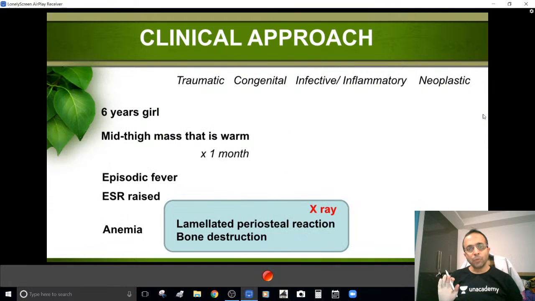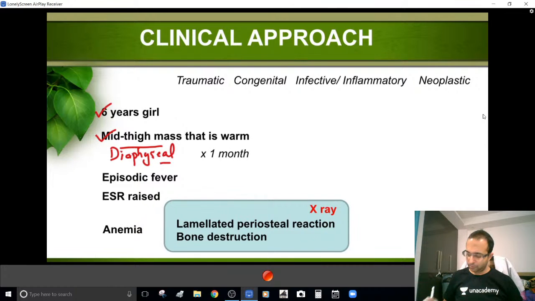All right. So what's my clinical approach in such questions? I always chart down the relevant findings. Age 6 years, mid thigh mass, which means the lesion is diaphyseal. So anything that's not diaphyseal, that goes out. Then fever history is there, ESR is raised.